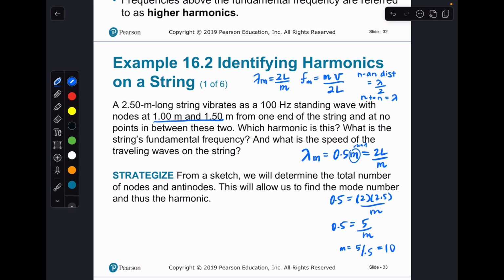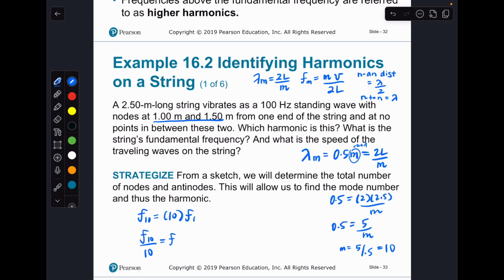Which harmonic is it? It's going to be the 10th harmonic. We can find the string's fundamental frequency since we know that m is 10. The 10th harmonic is equal to mode 10 times the fundamental frequency. So the fundamental frequency is going to be the 10th harmonic divided by 10.